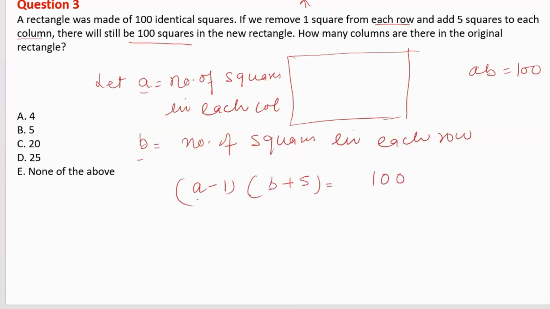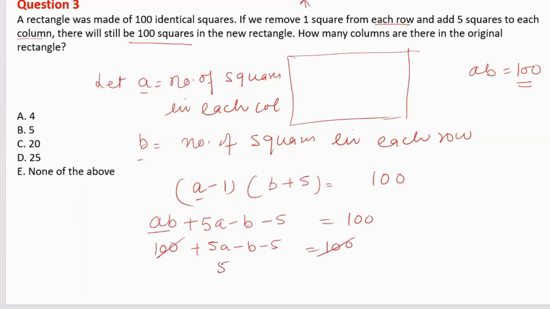So I will multiply: A into B is AB, A plus 5, that's 5A, minus B, minus 5, is 100. AB is already 100, so I will assume AB is 100, plus 5A minus B minus 5 is also 100. They will cancel each other. So it means 5A minus 5.